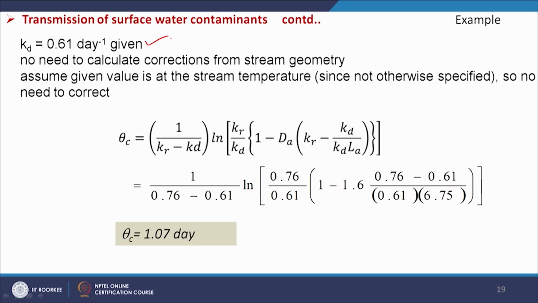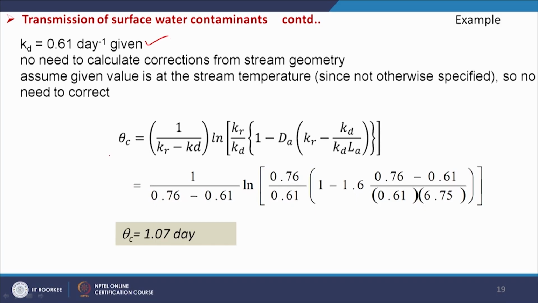So, no need to calculate corrections from stream geometry, and we also do not need to do the temperature correction, I think. So, we do not need to do any further correction.